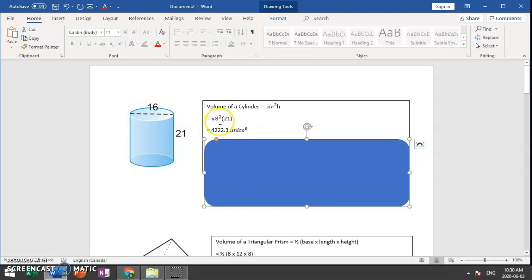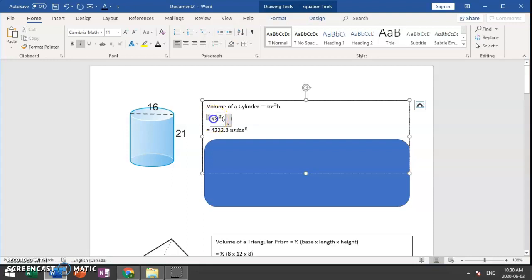It's important that you start with the 8 squared, the 8 times 8. After you do 8 times 8, it doesn't matter if you multiply that answer by pi and then by 21, or by 21 and then by pi. What is important, though, is that you do the 8 squared first. If you remember BEDMAS, brackets, exponents, division, multiplication, exponents come first.